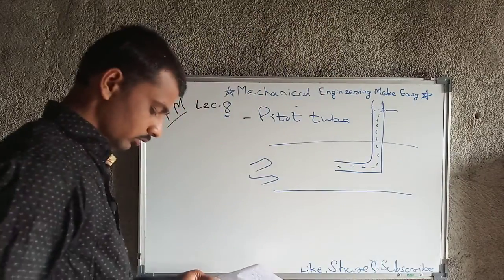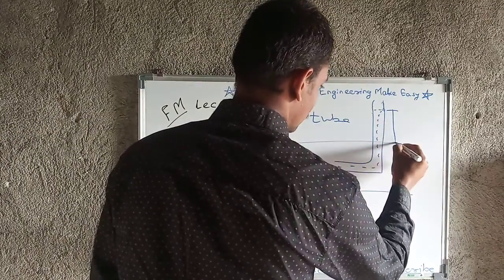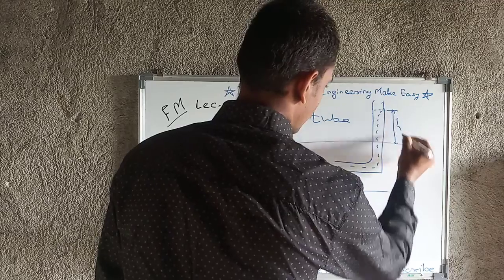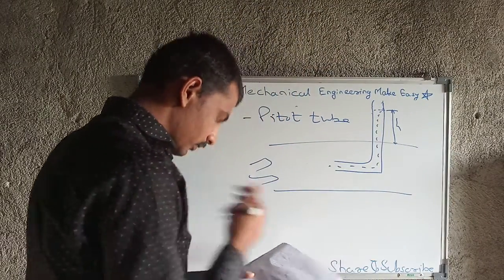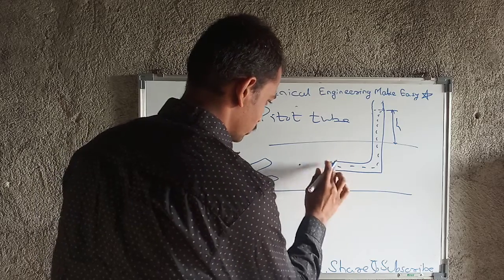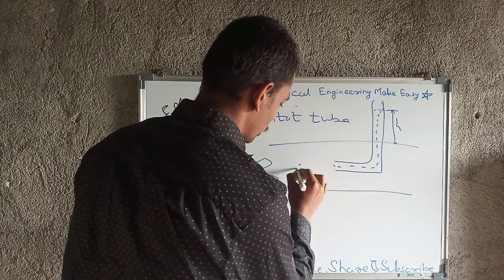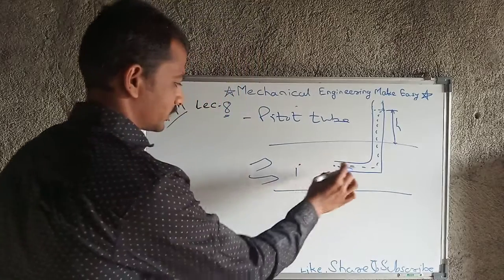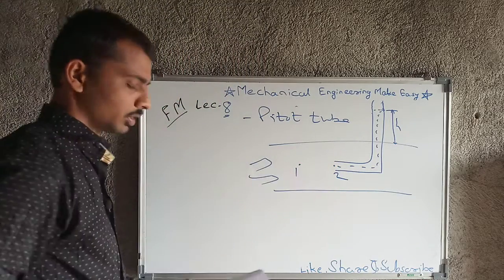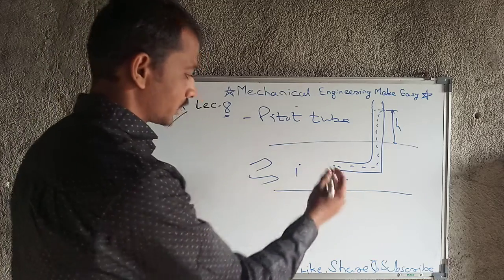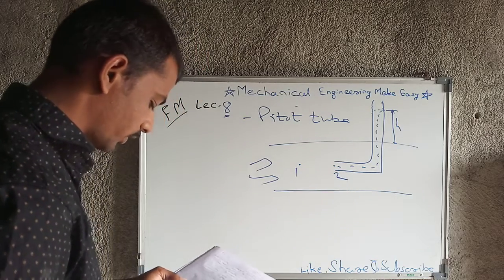Okay, and that height is nothing but this H. This is one point we have to consider, and this is the second point. Means at the entrance of pitot tube there is section 2, and before the entrance there is section 1. Okay, these two sections we have to consider for calculation of velocity.